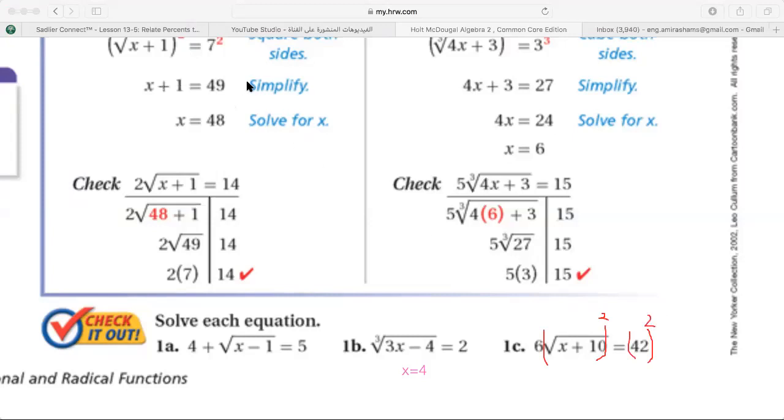So it will be here x plus 10 is equal to square root of 42. I have a 6 here, girls. I didn't see it. Let me solve it first on the whiteboard. It will be easy.